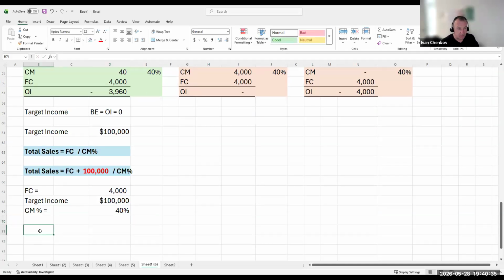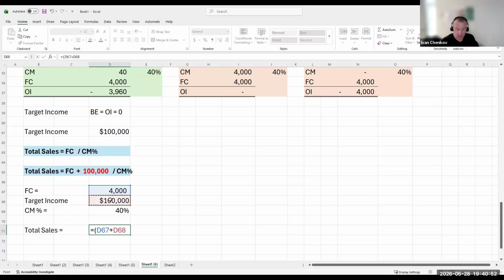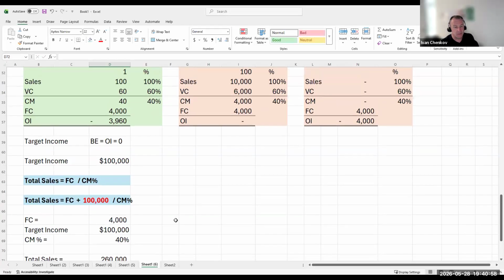Once I run the formula, my total sales should be equal to bracket fixed costs plus 100,000 close bracket divided by 40%, or 260,000.